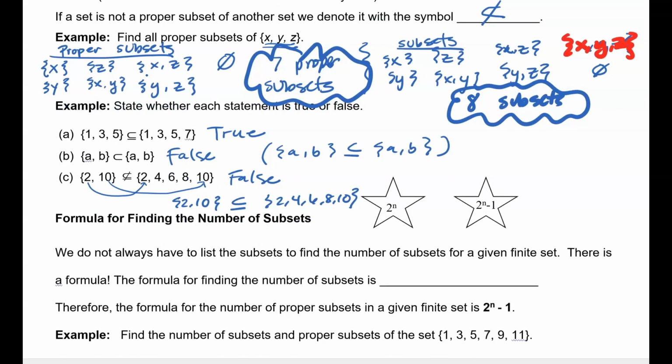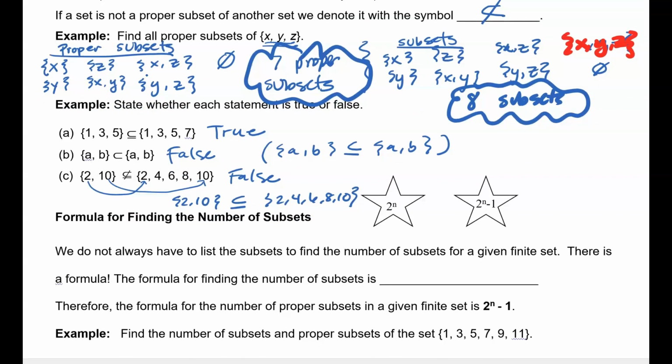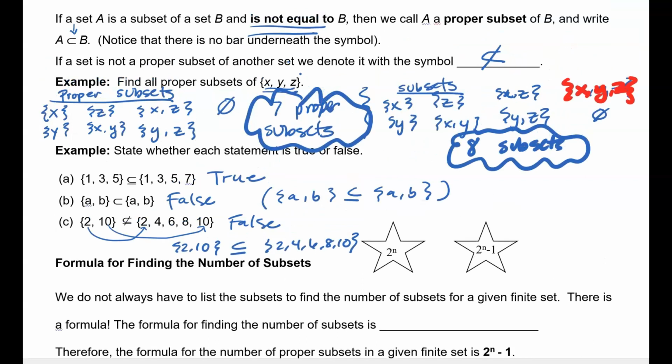So if you notice up here, there are 3 elements in this set, and there are 8 subsets and 7 proper subsets. If you take 2 to the 3rd power, 3 because there's 3 elements, then you end up getting 8, which is the number of subsets.